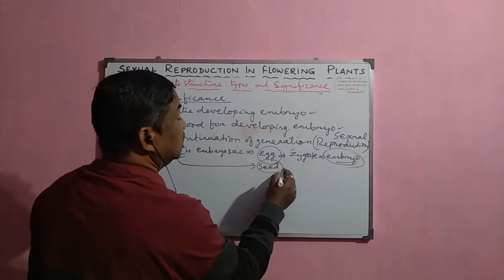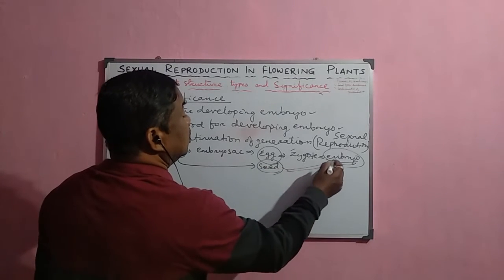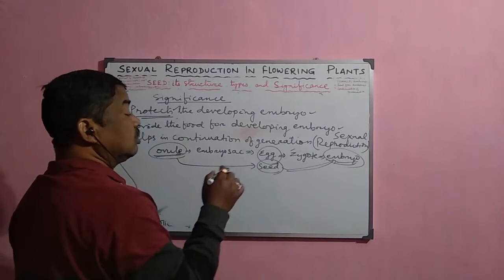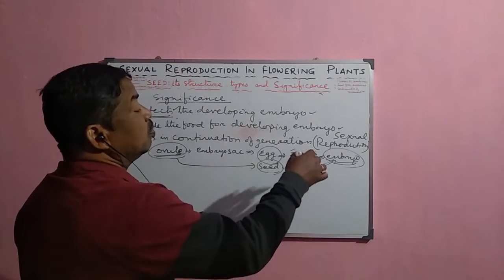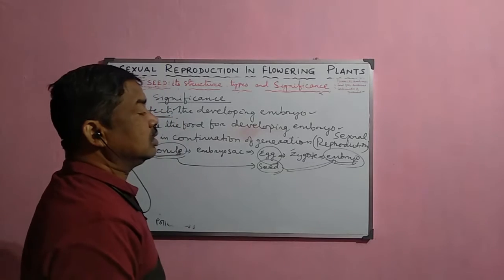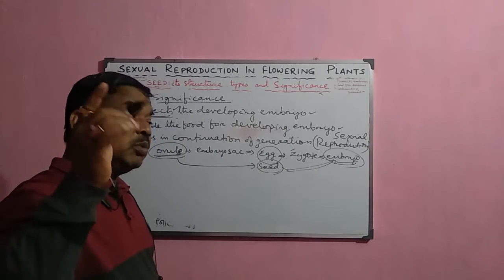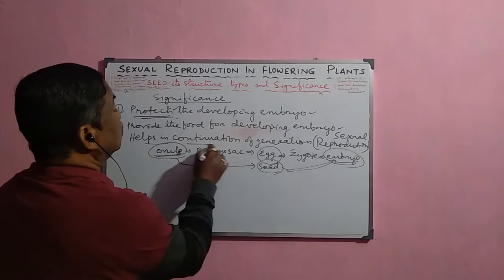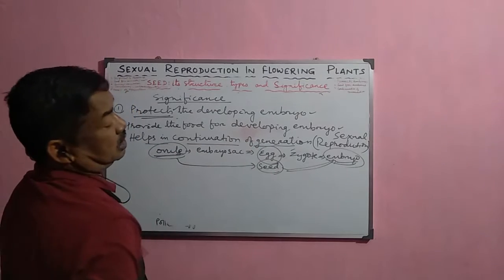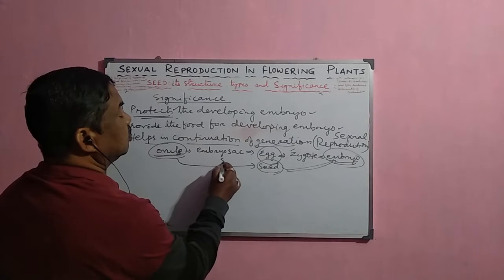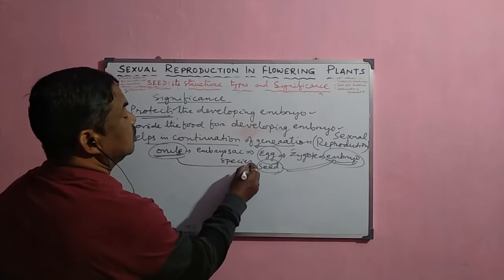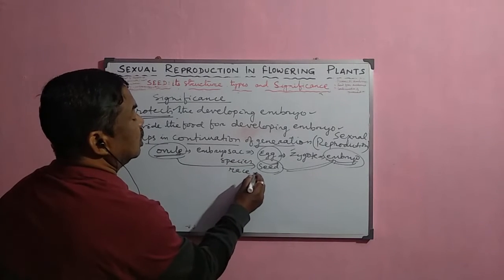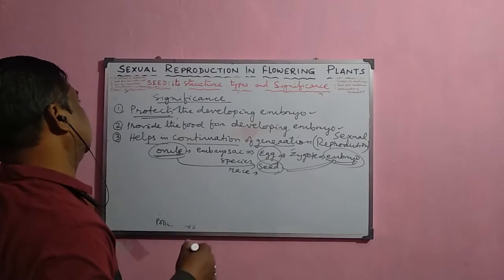The seed protects this embryo and helps in its development, and after that the embryo develops into the baby plant. So the seed helps in the continuation of the generation, the species, or the race from one generation to another.